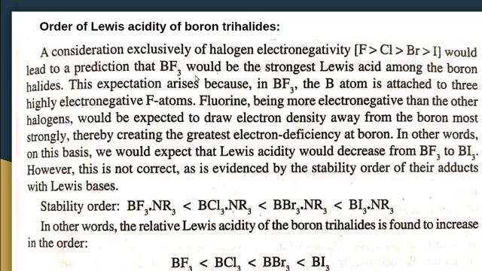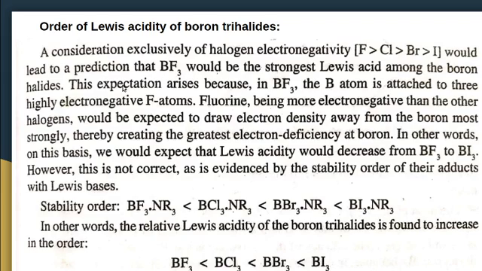That means if fluorine has high electronegativity, that leads to the strongest Lewis acidity of BF3. We know that fluorine has high electronegativity, so we assume BF3 has the strongest Lewis acid nature.